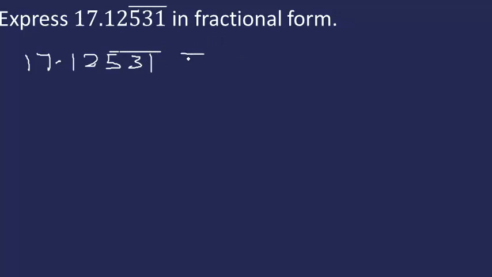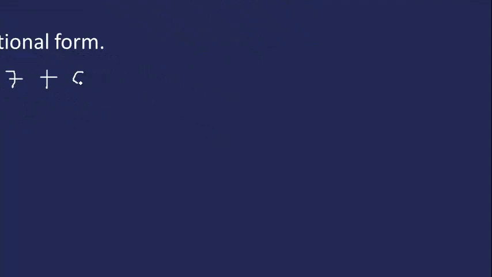It is the same as 17 plus 0.12531 recurring. So this 17 is already in fractional form, which is 17 over 1, and we need to cater for the decimal part and add it to the 17.